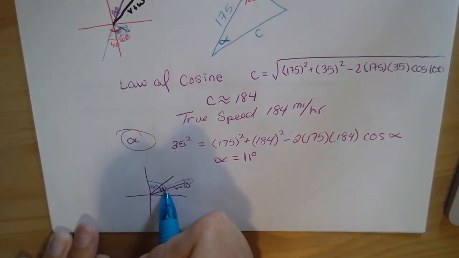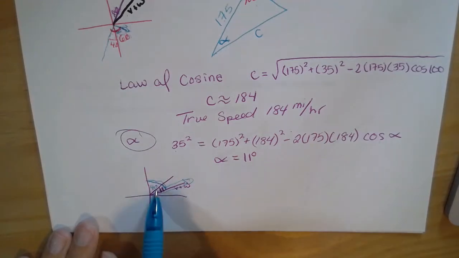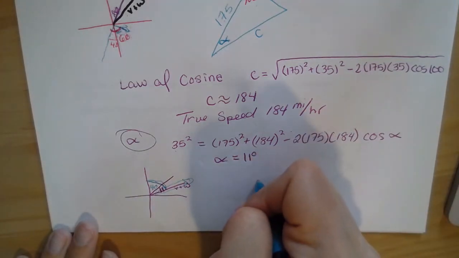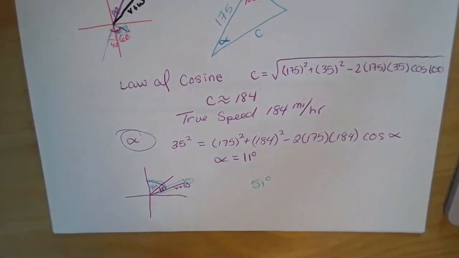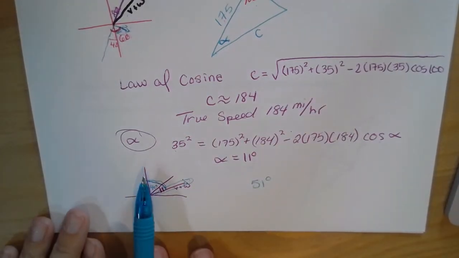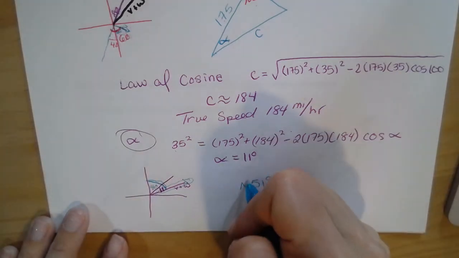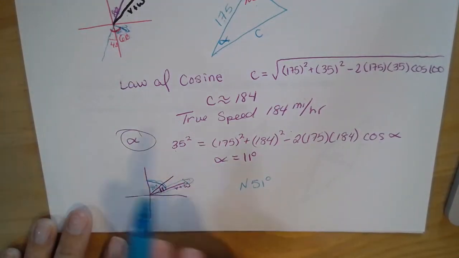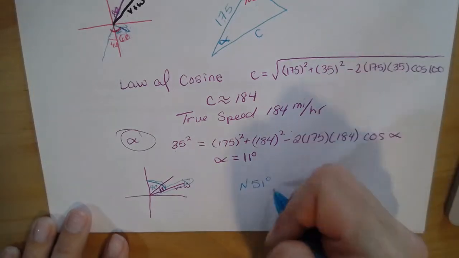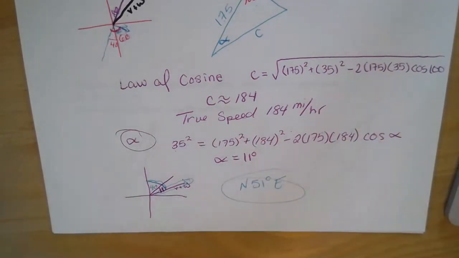So why don't I do this bearing right here? Okay, so 40 plus 11 is 51 degrees. Now, if I did 51 degrees, did I start at my north or did I start at my south? I started at my north, so north comes first, and then did I go to the west or did I go to the east? I went to the east, 51 degrees. And now this is our true bearing.